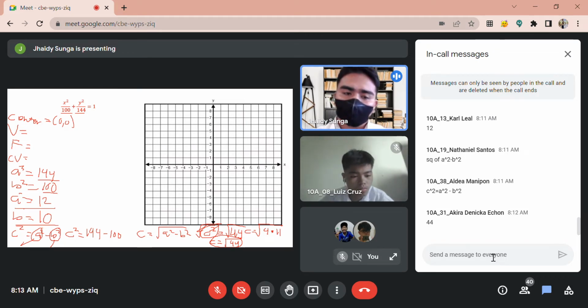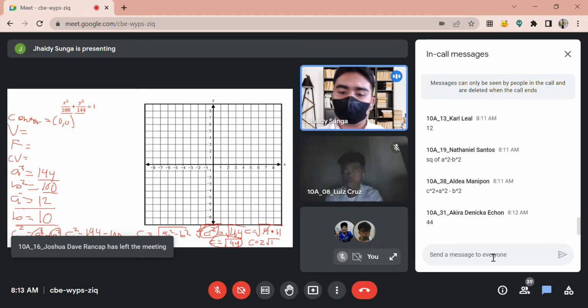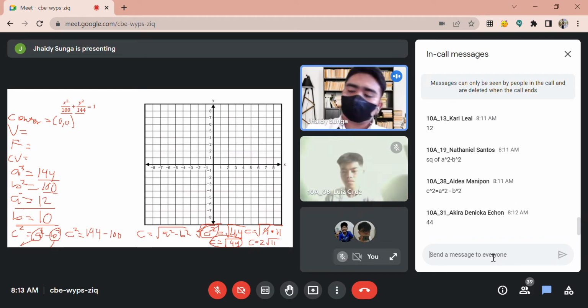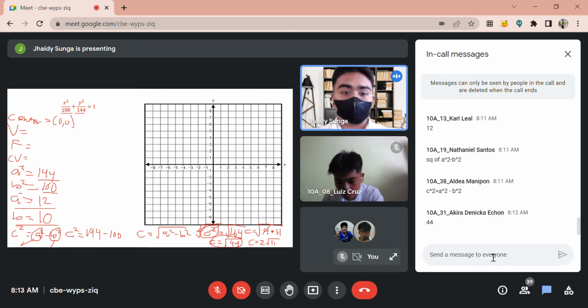Is 11 a perfect square? No. How about 4? Yes. So we're going to find the square root of 4. What's the square root of 4? It's 2. So, 2 times the square root of 11. Could be that one. Or if you're going to find the decimal numbers, you could just simply input the square root of 44. I will accept that one. Let's just have the square root of 44, so that it will not take time later.